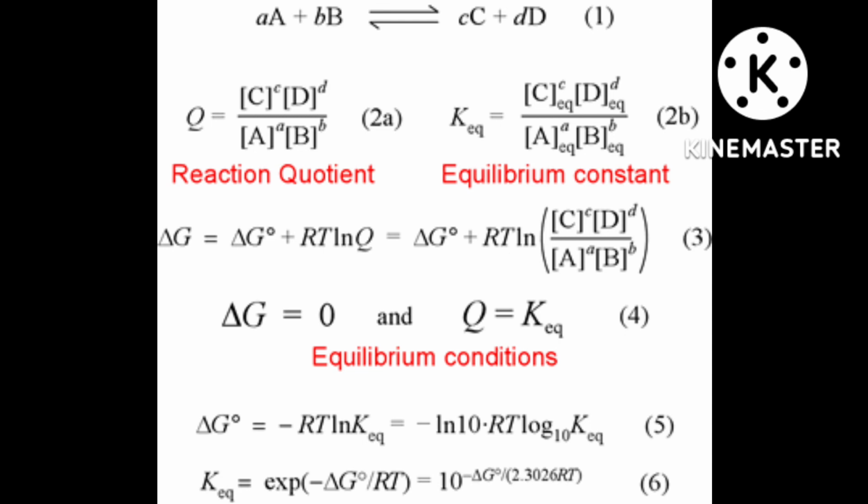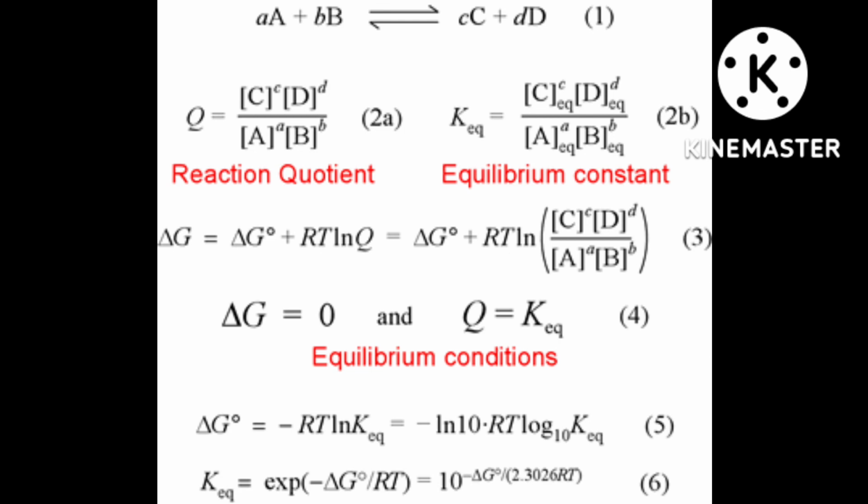Then you put the value and you will get the Kp value 1.33 atm, and this value you keep in the formula, standard delta G is equal to minus RT ln Kp. Now all values are known, then you will get the relation.